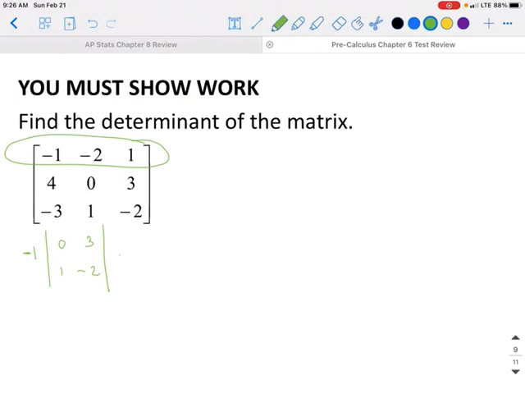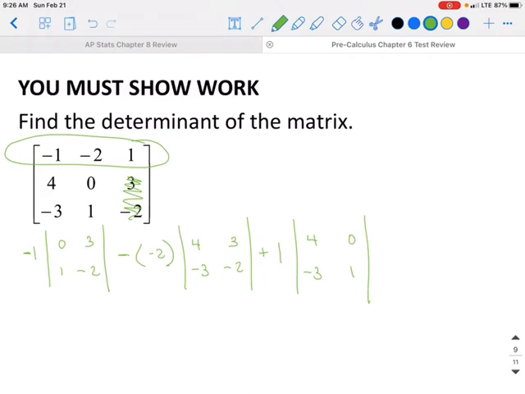The next one is always minus, and it's minus the next value across the top, which is negative 2. Because we use the negative 2, we're going to ignore that column, and we're going to write the others. And then it's going to be plus the last one. We're going to ignore that last column, so we're left with 4, 0, negative 3, and 1.